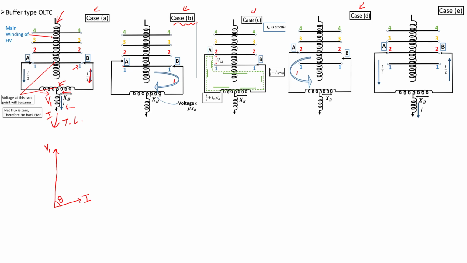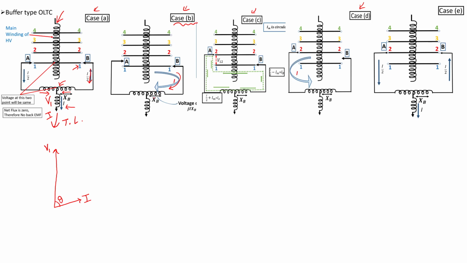The moment arm A is lifted, the half of the current which was flowing through A has to be diverted through B alone. So the entire current I will flow in this direction, from B only. So here XB is there.